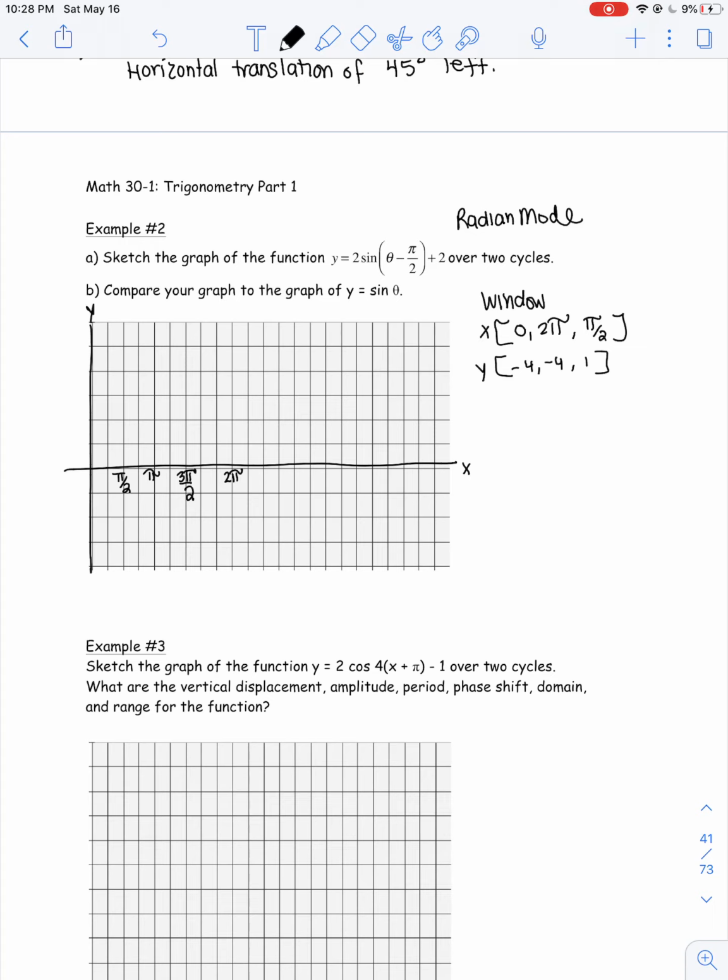So when we look at our value, if you go trace 0, enter, you should find that there's a y-intercept at the origin, 0, 0. So there should be a starting value at 0, 0. And then the next value that we need is our maximum. So what we could do is we can look at pi over 2 and go trace pi divided by 2 and see what values that gives us. Well, at pi over 2, it says that the value is 2.